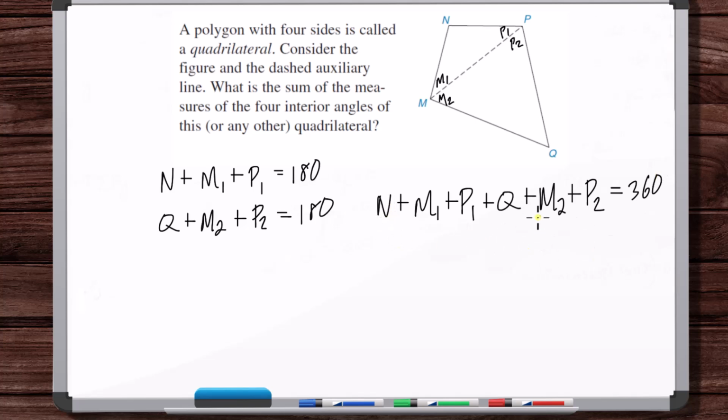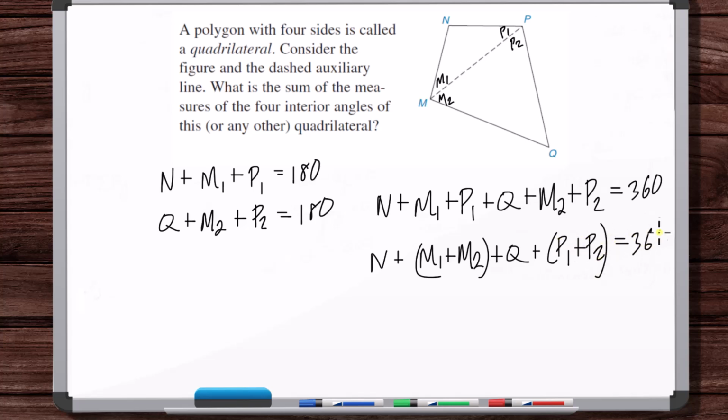But M1 plus M2 is just M, and P1 plus P2 is just P. And we see that we can rearrange this. So N plus M plus Q plus P is equal to 360. There you go. N plus M plus P plus Q is going to be 360.